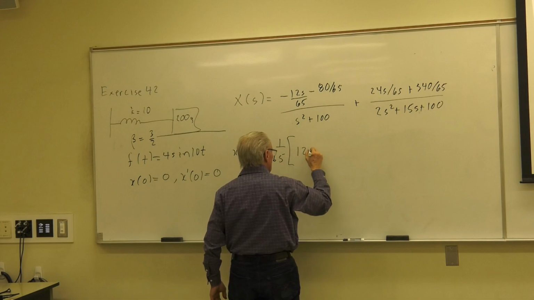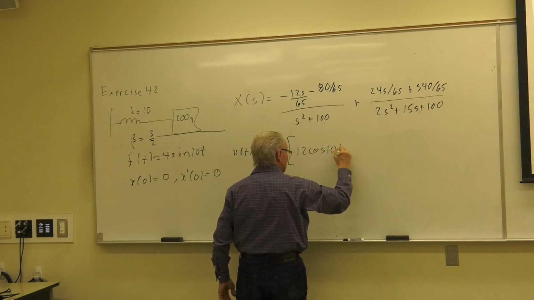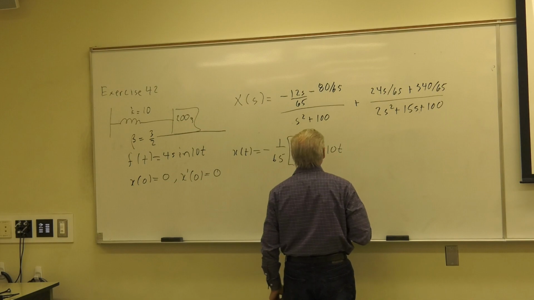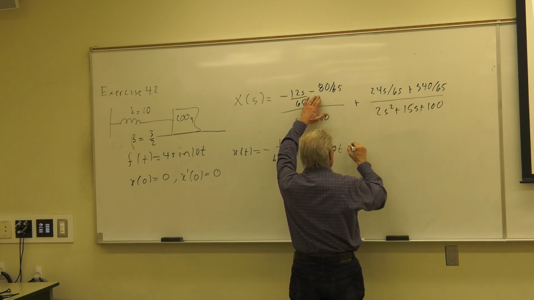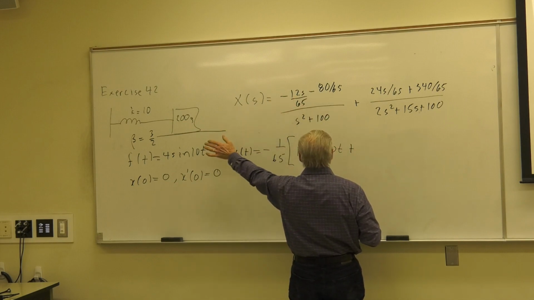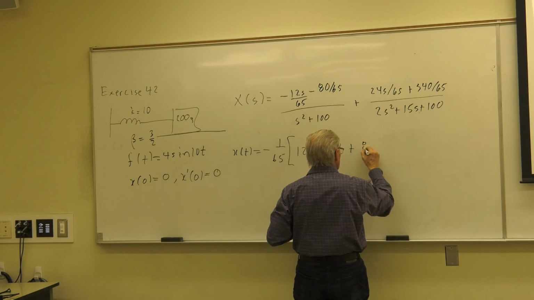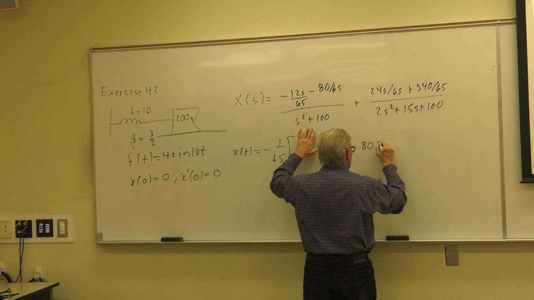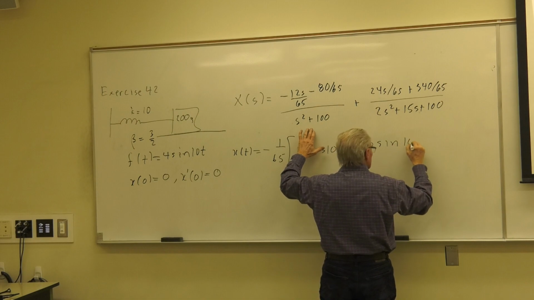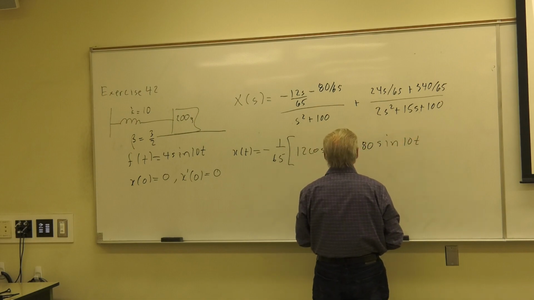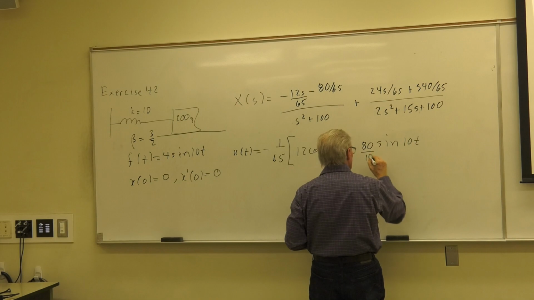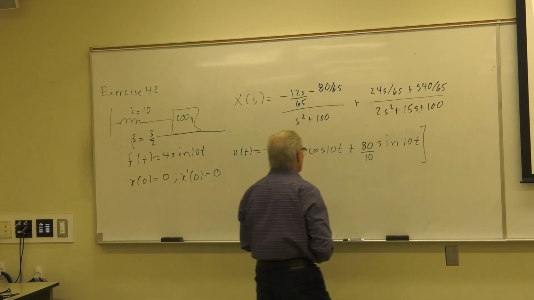That's a cosine: 12 cosine 10t. The other one has got a plus because we pulled out the minus. It's got an 80 sitting there, and it's going to be a sine of 10t, but it needs a fix-up of a 10 in the bottom. So there's that one.